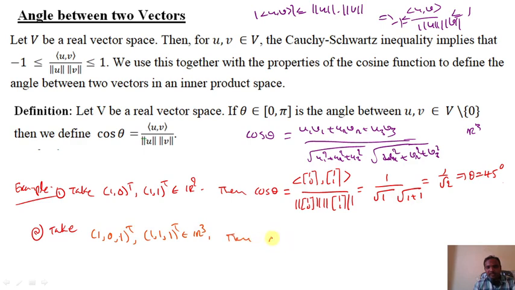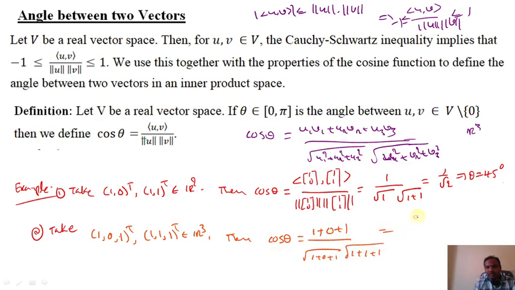Then cos theta equals the standard inner product: 1 into 1 plus 0 into 1 plus 1 into 1, divided by the square root of 1 plus 0 square plus 1 square, times the square root of 1 square plus 1 square plus 1 square.